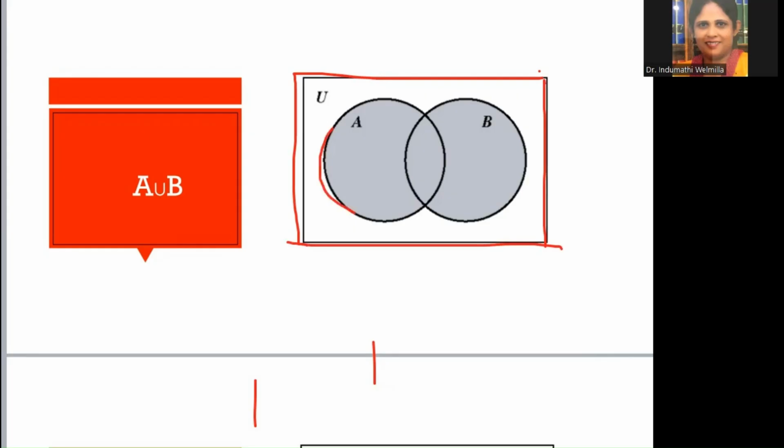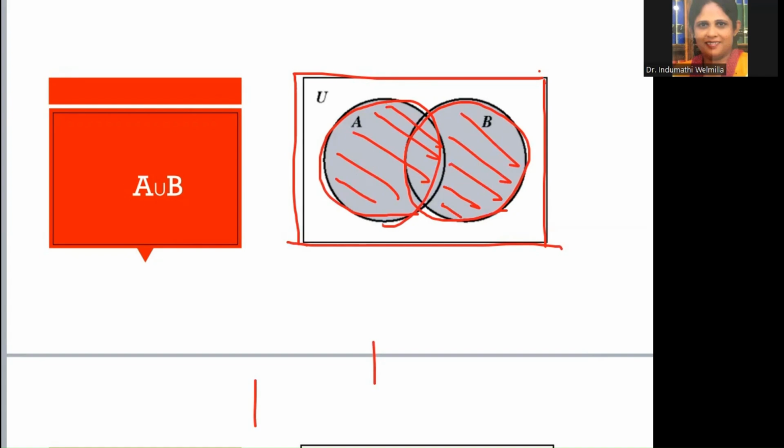A is one set, B is another set, and the union is the colored area. That means this is the area relevant to A union B.